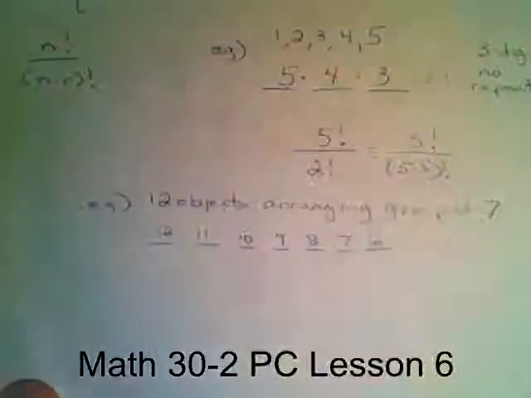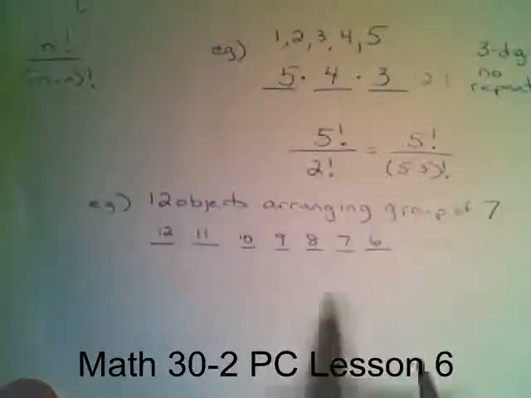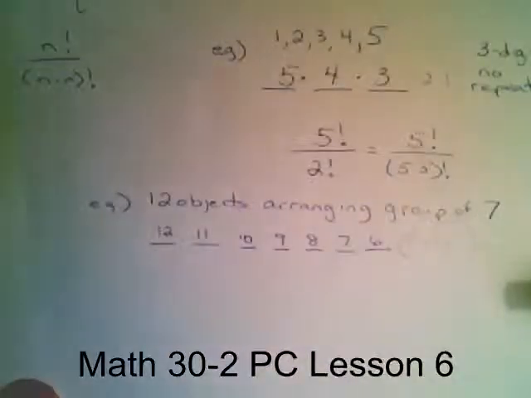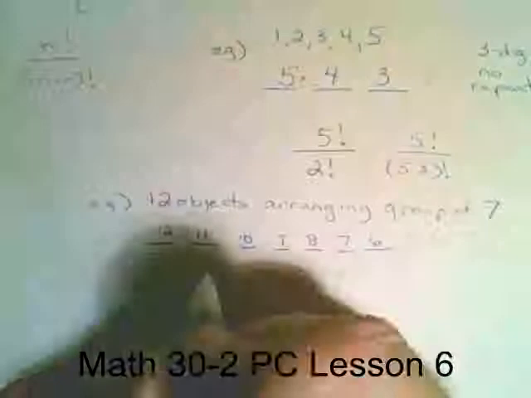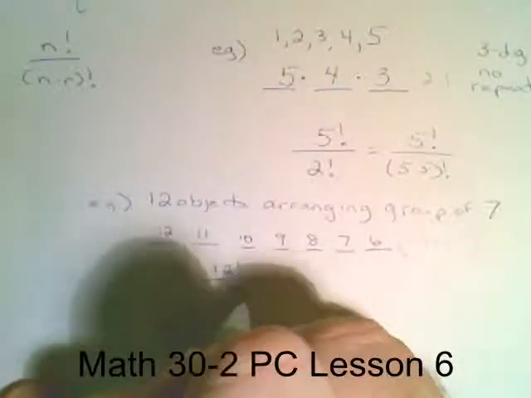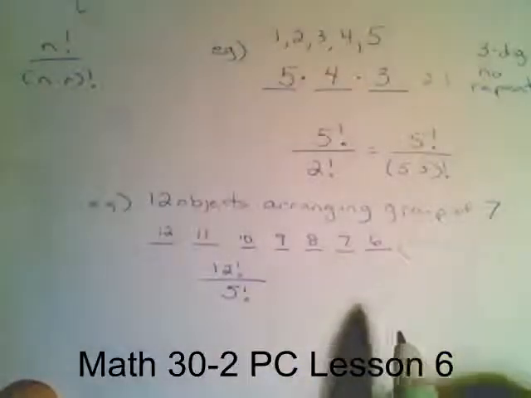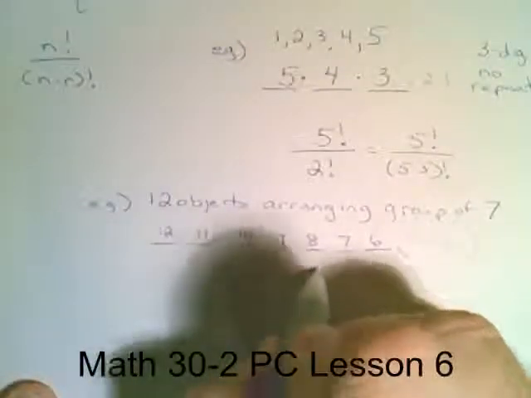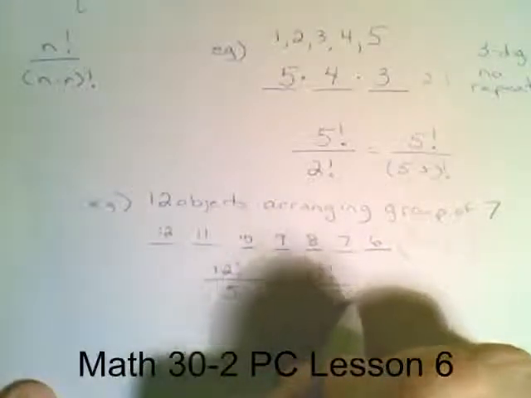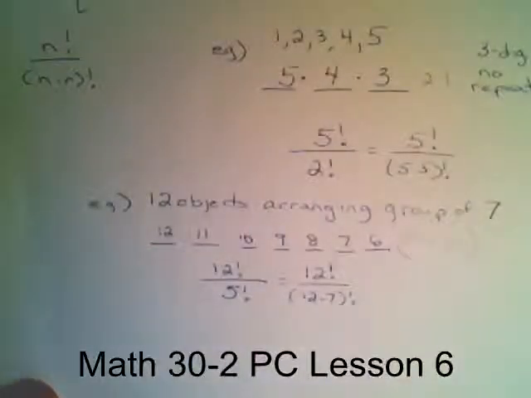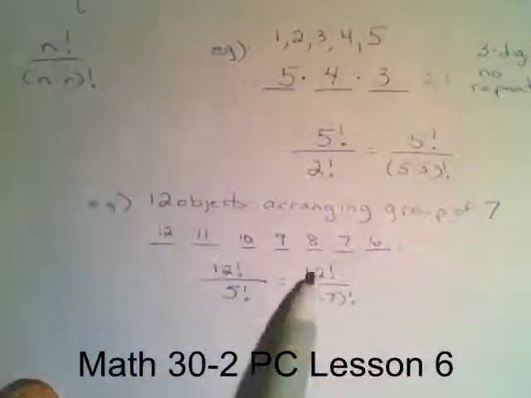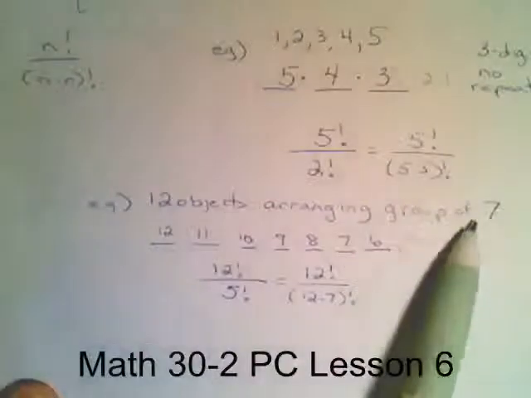And you say, well, this is almost 12 factorial. All I need is that final 5, 4, 3, 2, 1. If I've got that, then this is 12 factorial over 5 factorial, because that's what that 5, 4, 3, 2, 1 is. And then people say, well, that could be 12 factorial over 12 minus 7 factorial. And they say, well, what's going on?